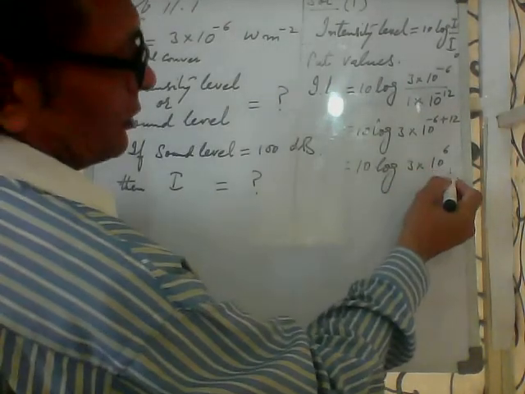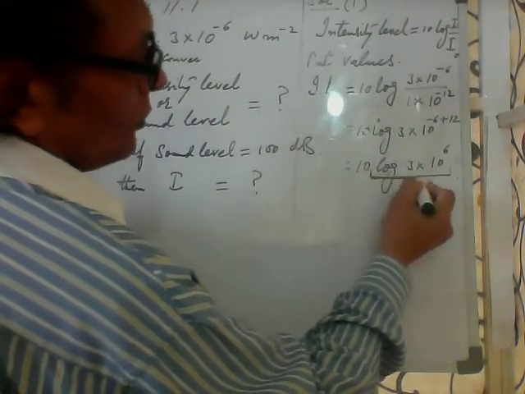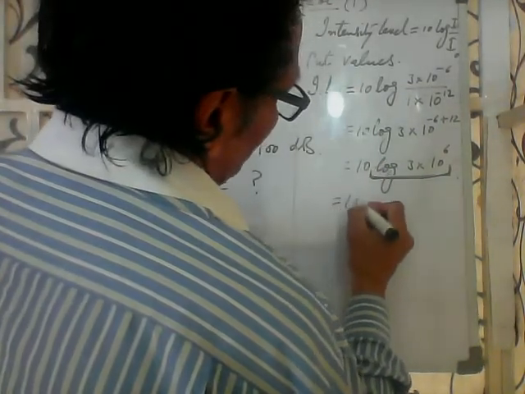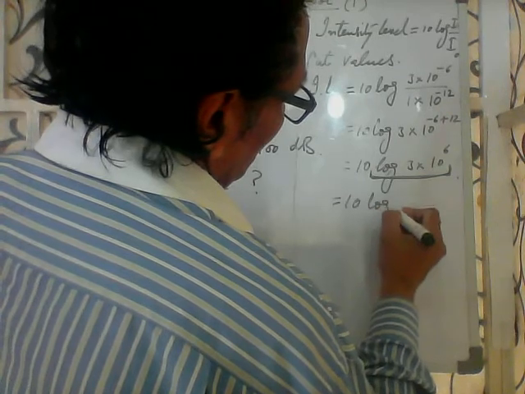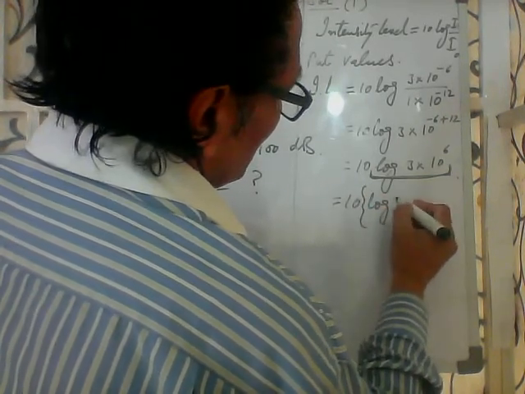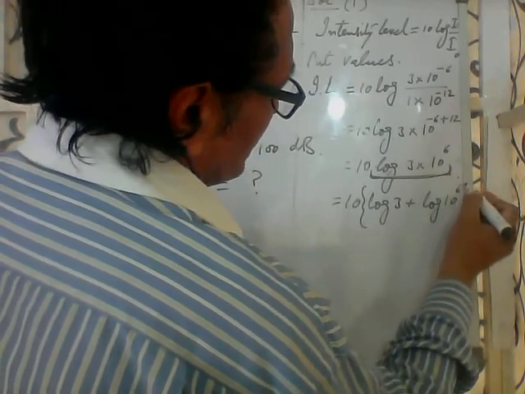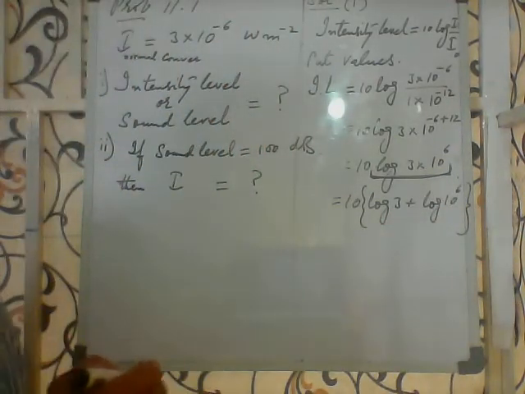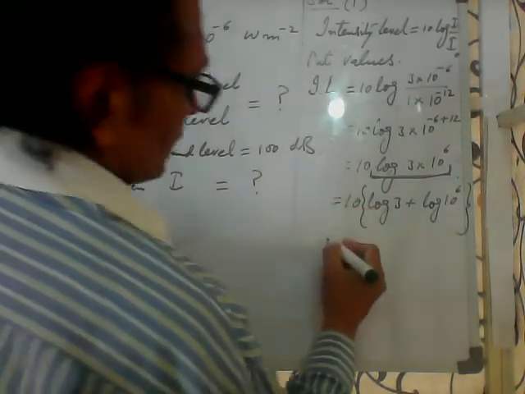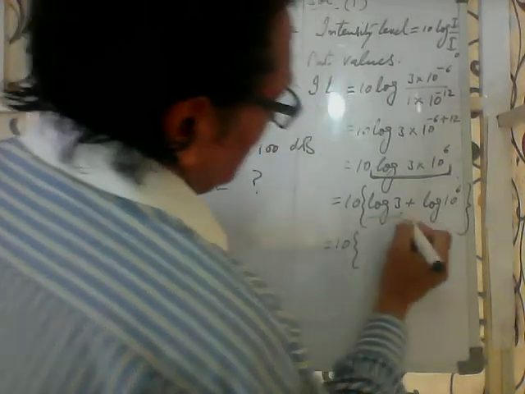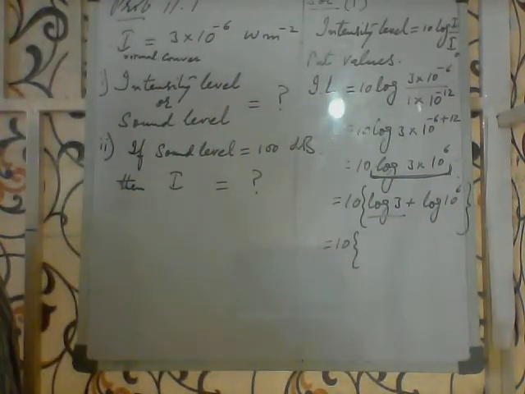Now apply law of log here. We get is equal to 10 into log of 3 plus log of 10 power 6. We get it as 10 into, you will calculate it in calculator. What's the value of log of 3?